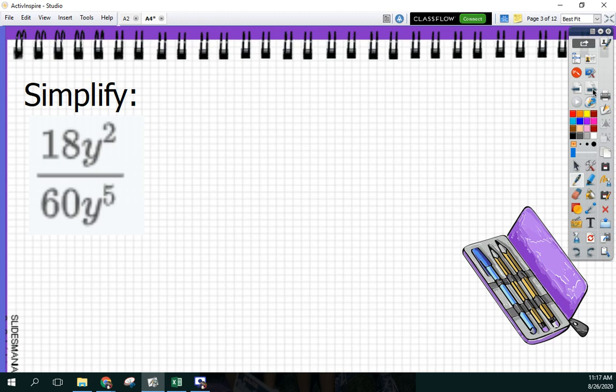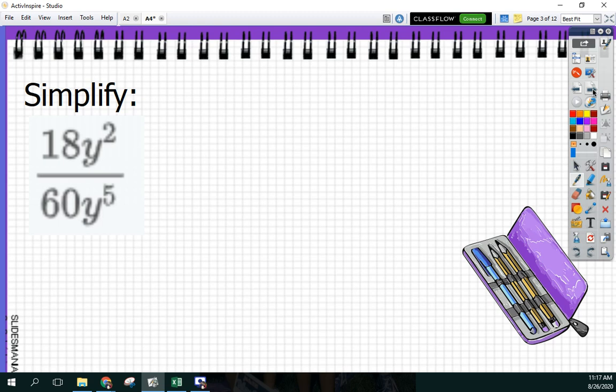So if we look at our numbers first, we want to look at what goes into both 18 and 60. And hopefully we notice that they are both even, so 2 will go into them.